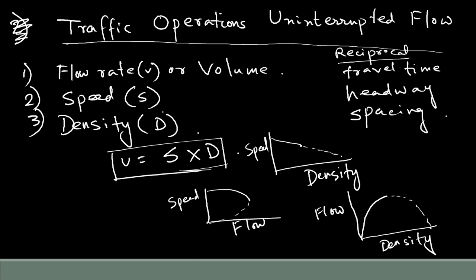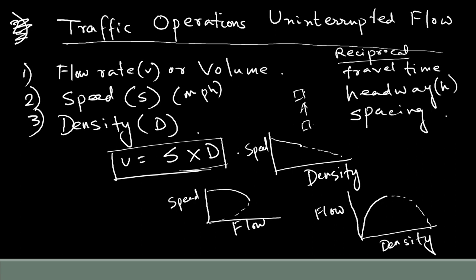You can easily find that speed is in miles per hour, so the reciprocal is in hours per mile. Headway is in hours or seconds, that is, time. It says how far ahead in time the first car is from the second car.